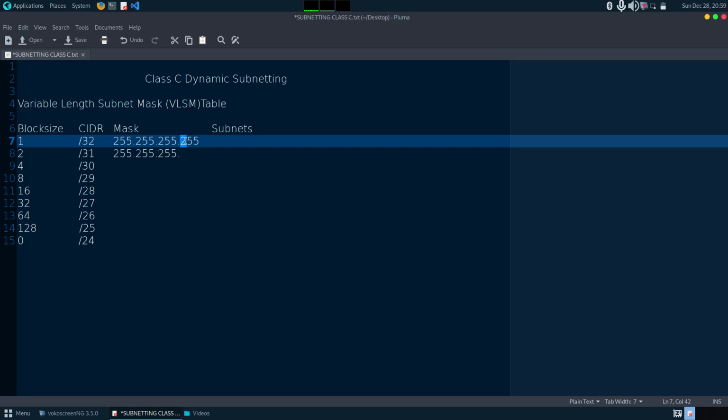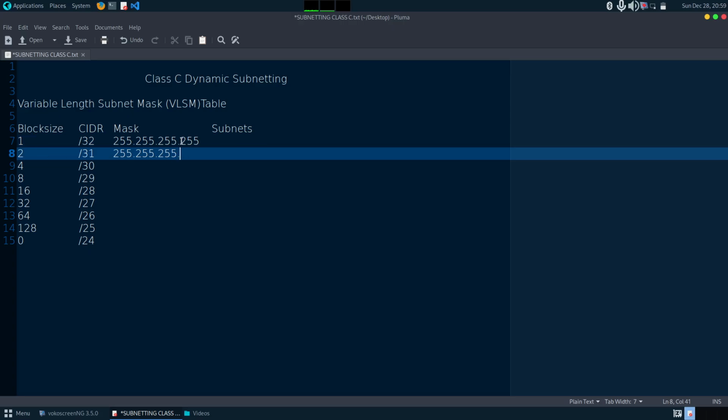Just remember again, in a class C IP address, you have three octets for network and one octet for host. In our subnetting, our concern will always be the host octet.